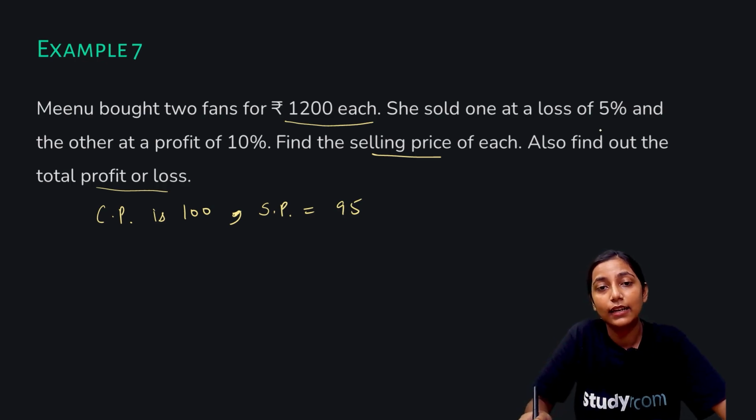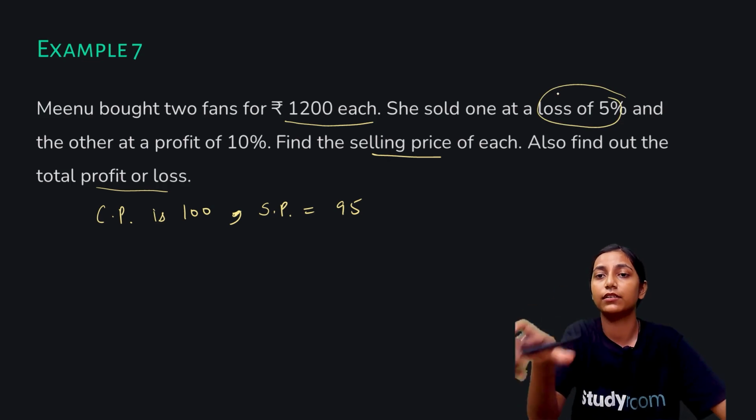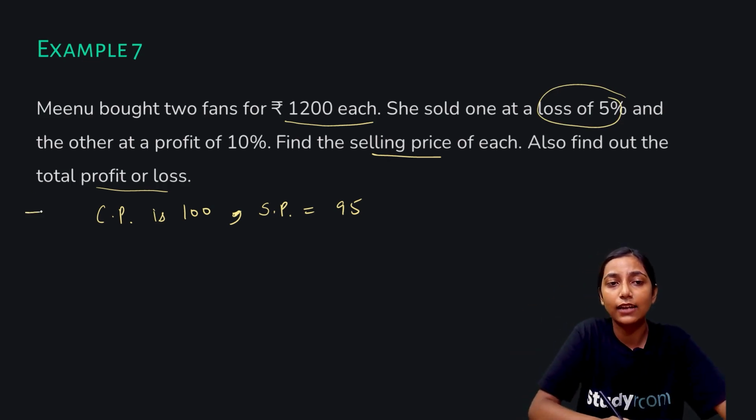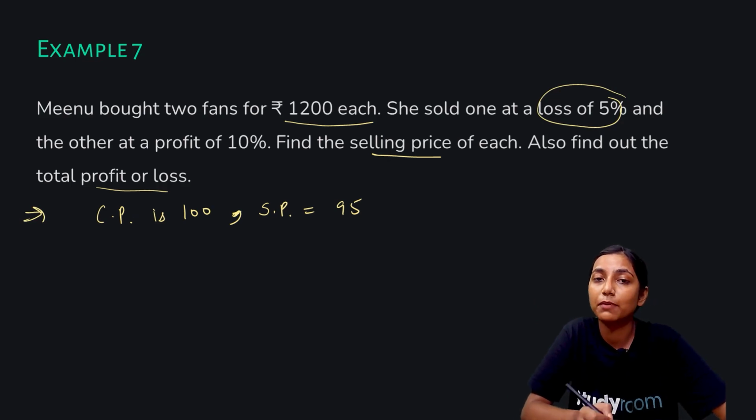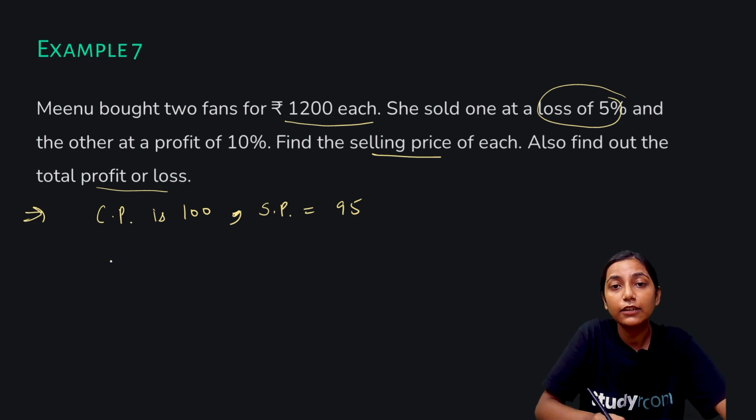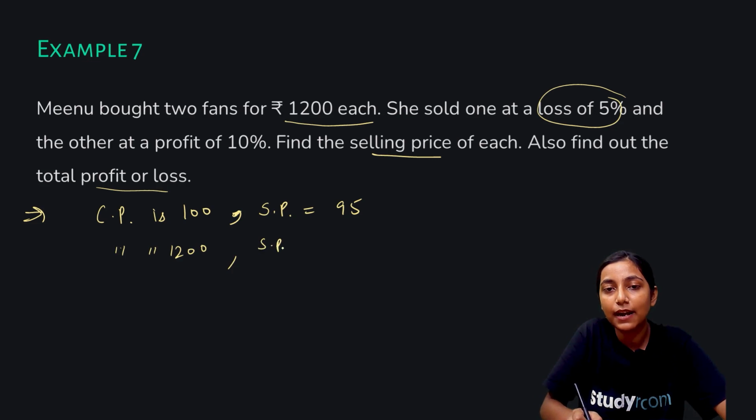I have written this in general form. This actually means that if cost price is 100, selling price is 95. Therefore, if cost price is 1200, how much will be the selling price? Selling price will be 95 upon 100 into 1200.